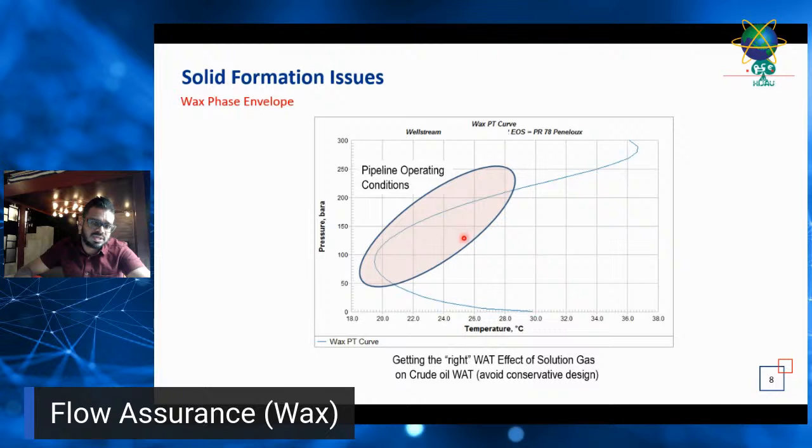So there's a curve here. Basically, if you have solution gas in your fluid, it will help the wax issue. So injecting condensate or injecting gas into a waxy crude can help the wax issue.